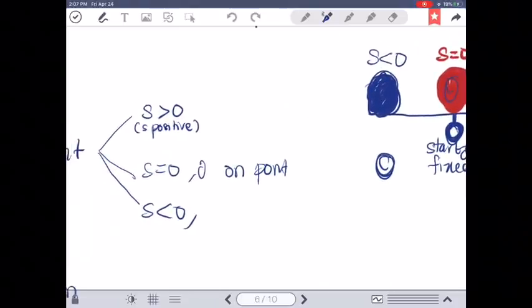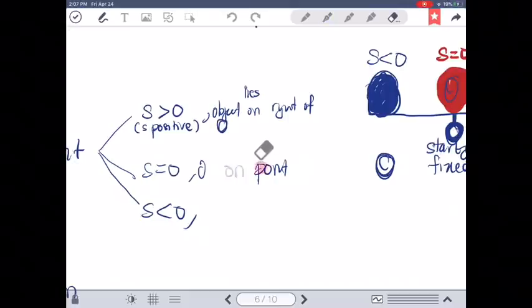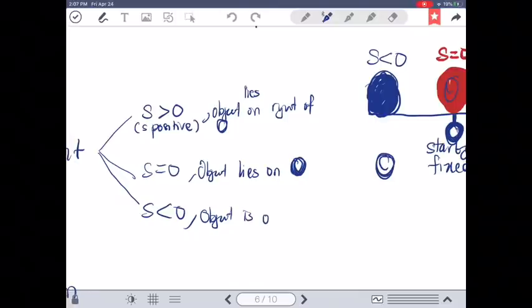Okay, if s greater than 0, the object lies on the right of O. If s equals to 0, the object lies on fixed point O. Less than 0, the object lies on the left of fixed point O. Okay.